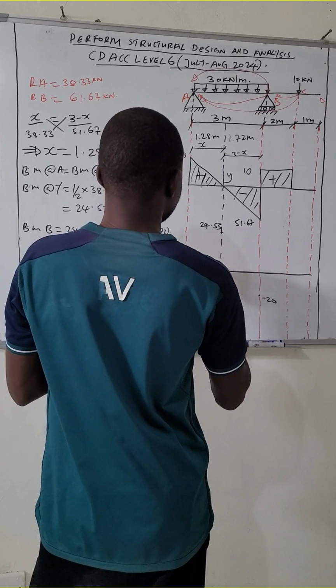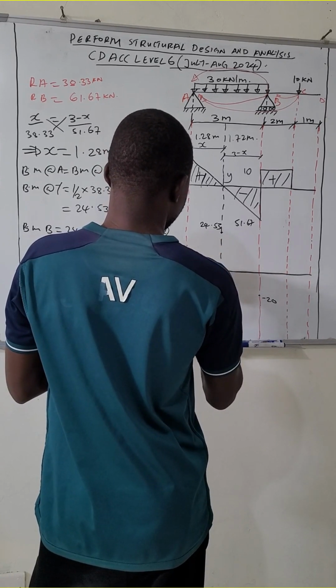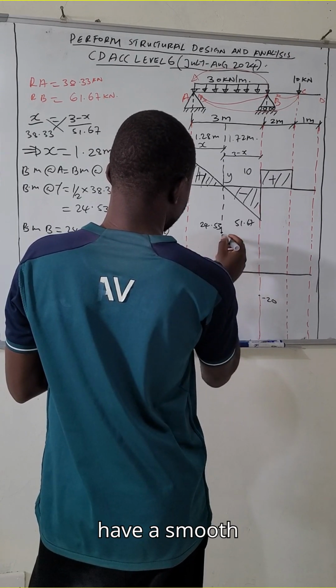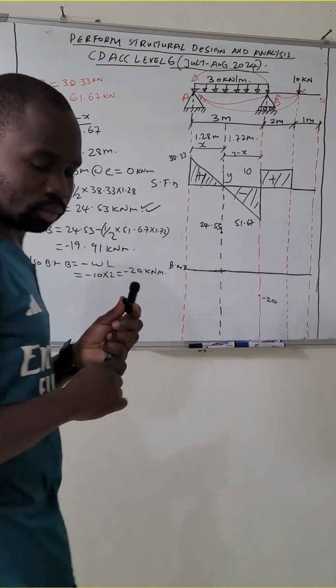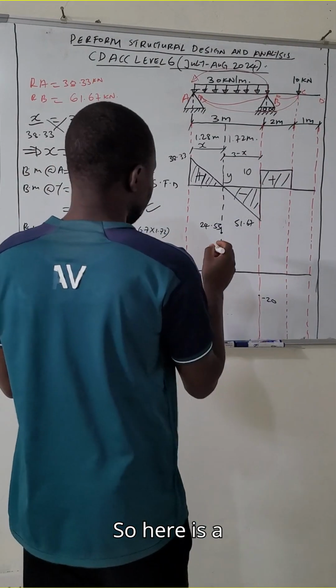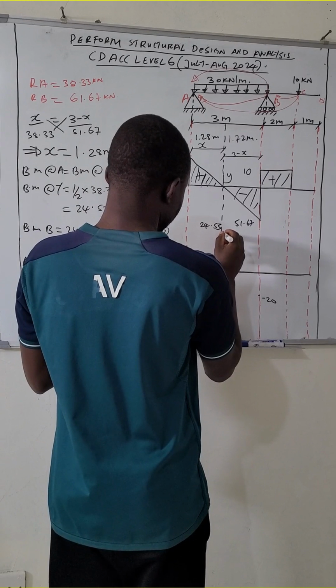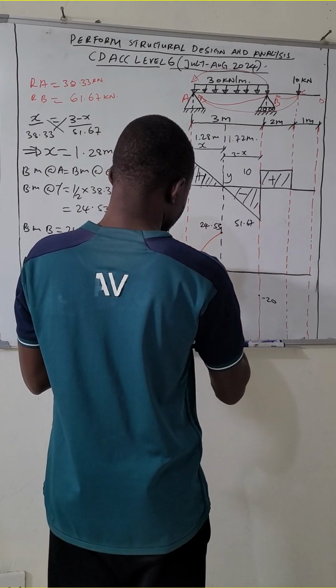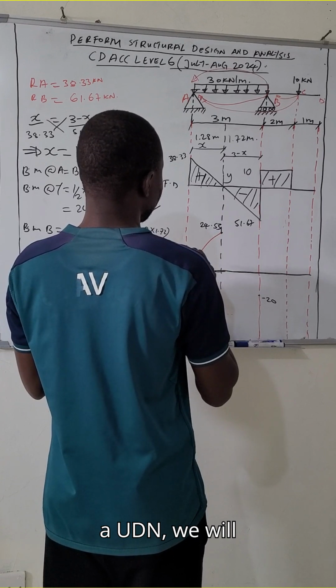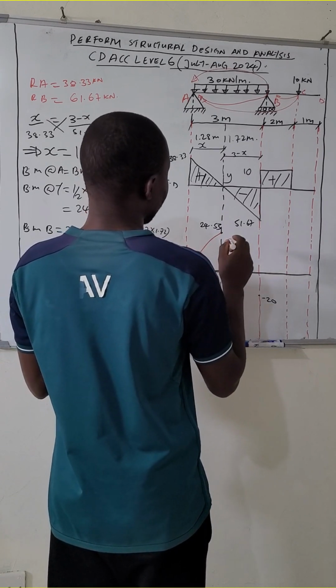So we can join the points. Here we will have a smooth curve. Let me use another pen. So here is a very smooth curve, like that, where we have a UDL, we will be using a smooth curve.